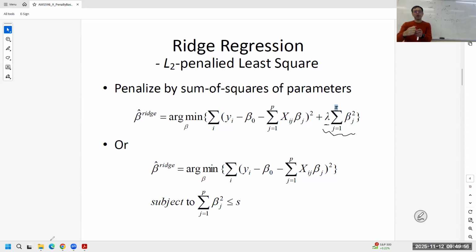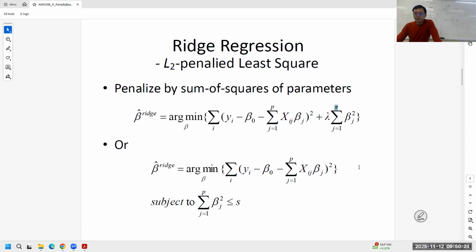So when lambda is big, like I said, if it's a circle, the solution goes more and more toward the origin. That's the shrinkage effect. You're going to see some graphs in a few slides showing the effect. So this is the intuition.